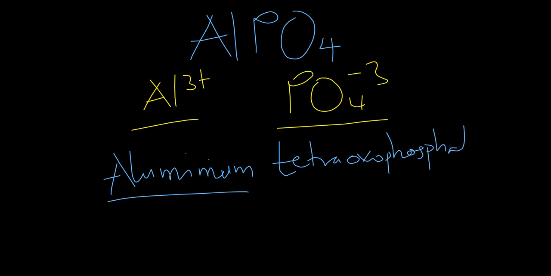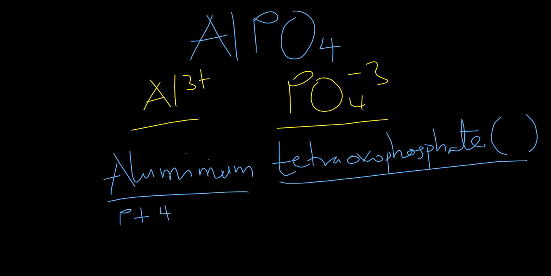then parenthesis. In the parenthesis, we would have to calculate the oxidation state of the phosphorus in the phosphate. So that will be the phosphorus plus 4 of the oxygen equals minus 3. Then phosphorus plus 4 times minus 2 equals minus 3. So that will give us phosphorus minus 8 equals minus 3.